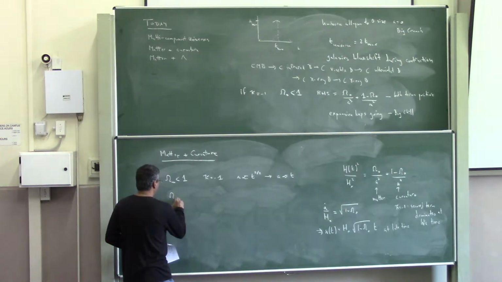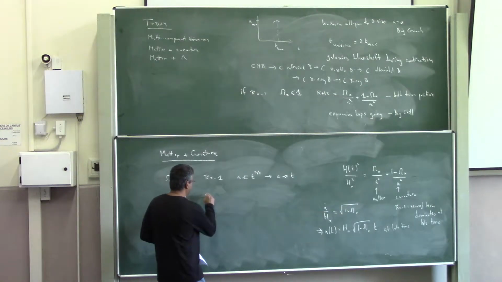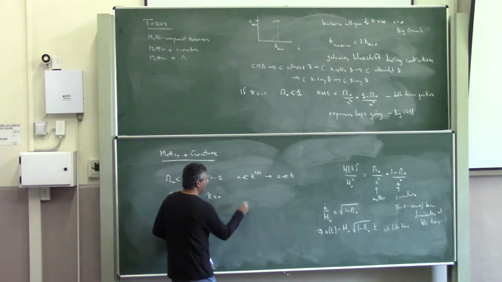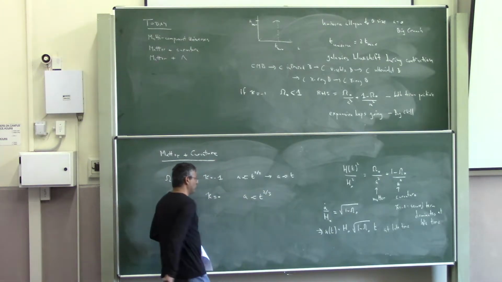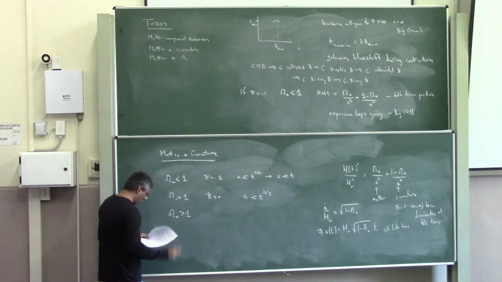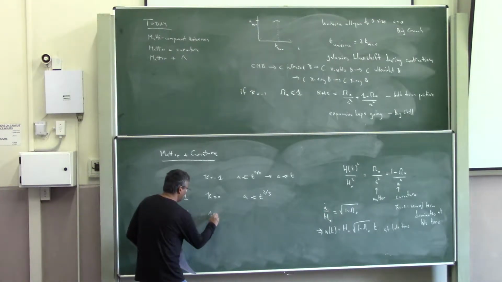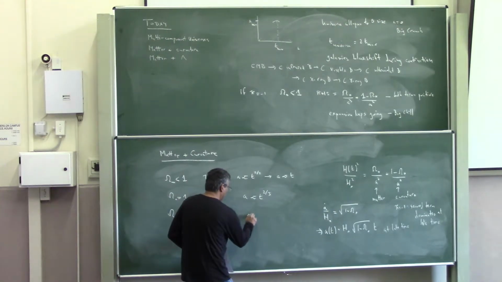If omega 0 equals 1, the curvature term drops out, kappa is equal to 0, and a is proportional to t to the 2/3. And if omega 0 is bigger than 1, we have kappa equals 1, and the endpoint is a crunch.